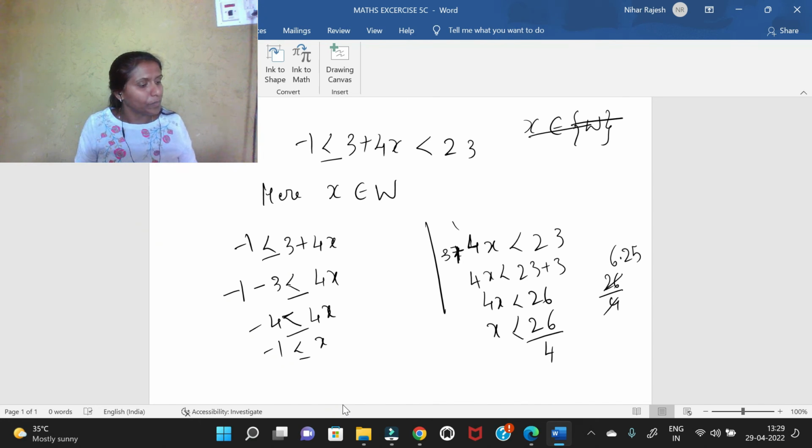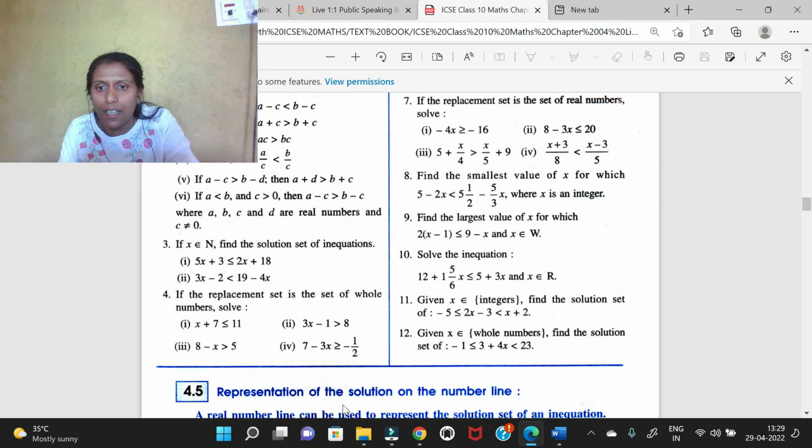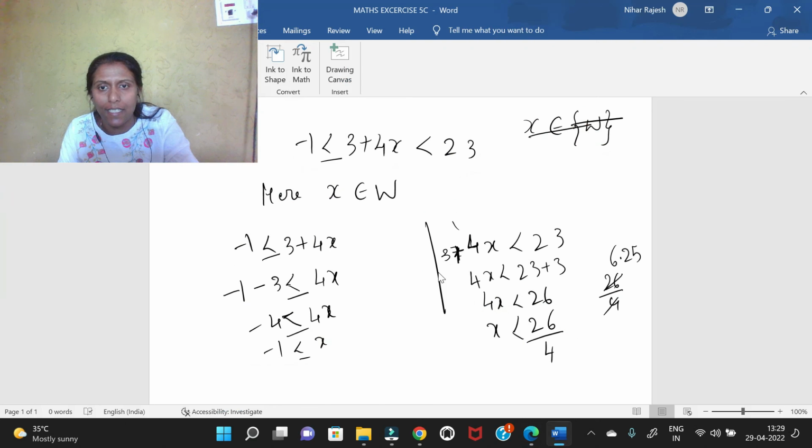Next, are we correct here? It is 3 plus 4x lesser than 23. Let us just observe. Yes, it is 3 plus 4x. Okay, I'm very sorry here. We should change it to 23, and being plus, I should change it to minus. I'm sorry. And then 0, and next comes 5.